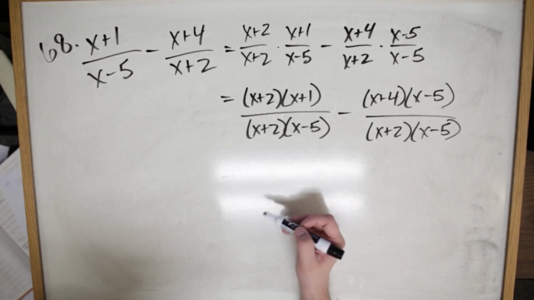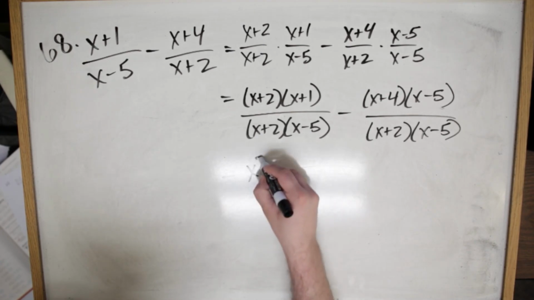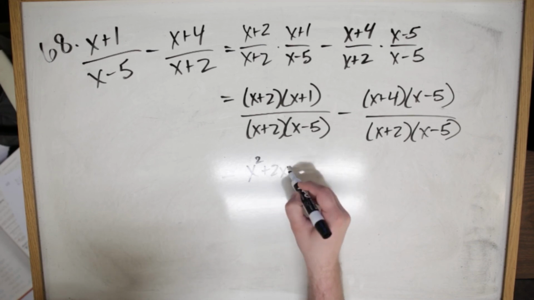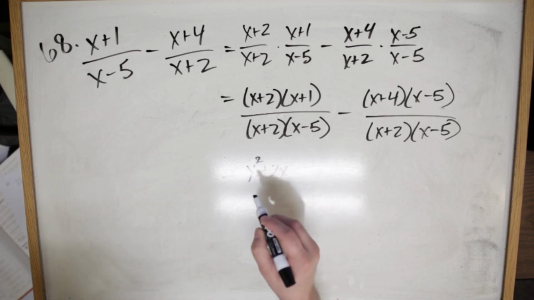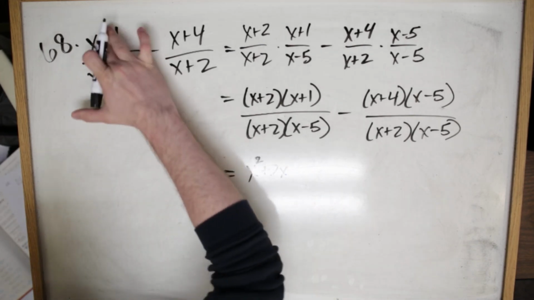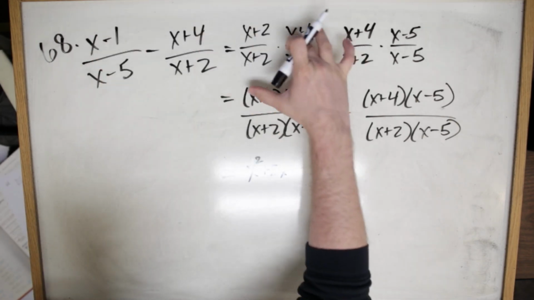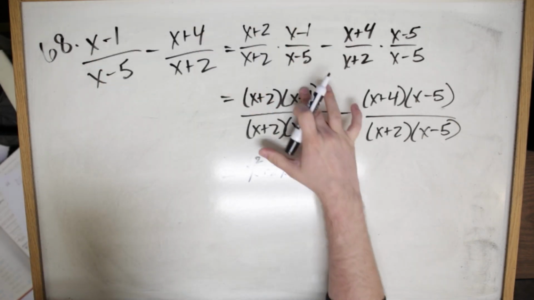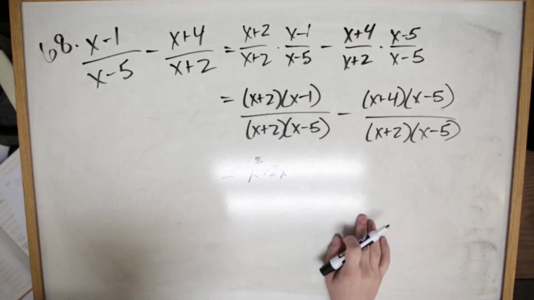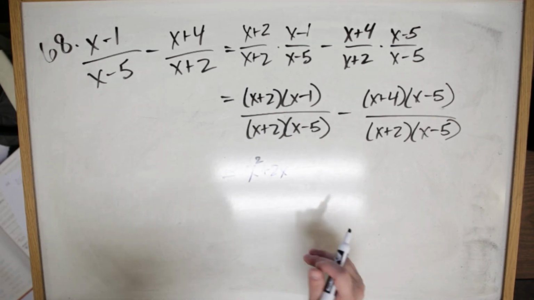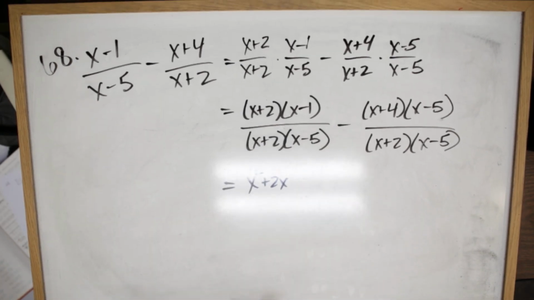All right, so we're going to get x squared plus 2x. Whoa, did I write this down wrong? I totally did. This is a minus. Okay, sorry. Minus. Okay. That shouldn't change anything. It should all be the same. And of course, you probably can't see that because it's over top. There we go.